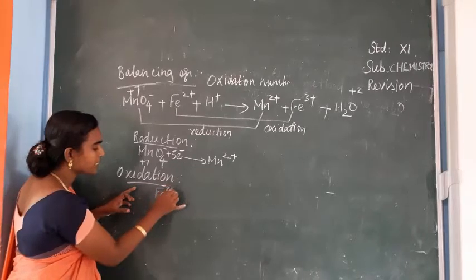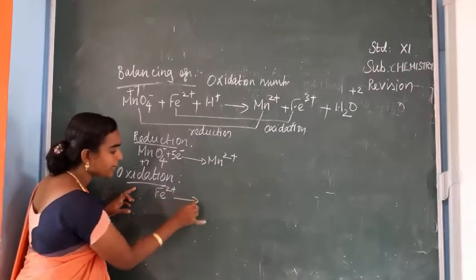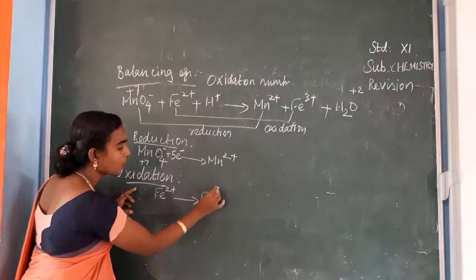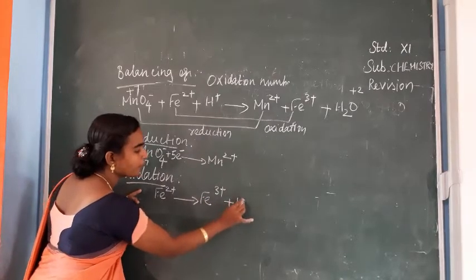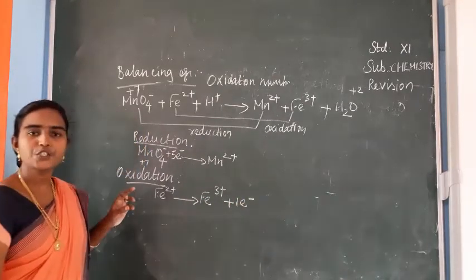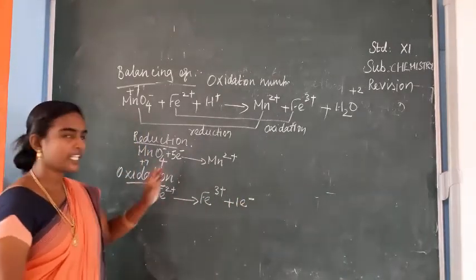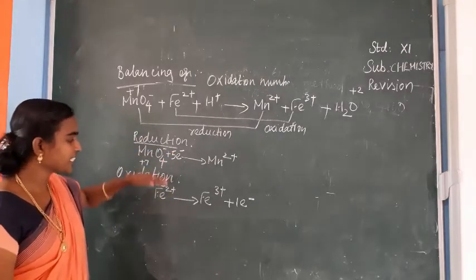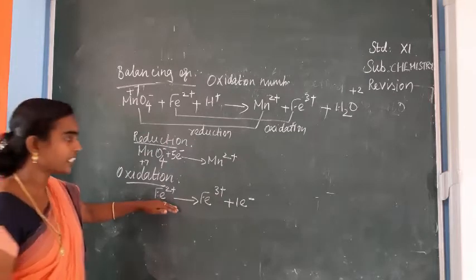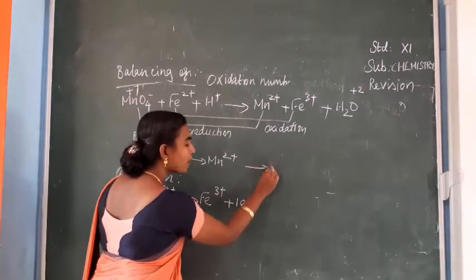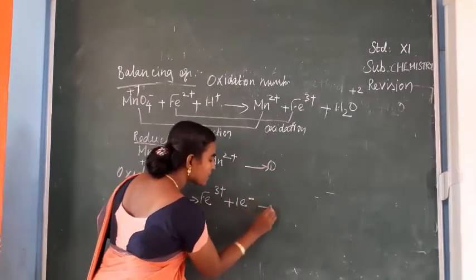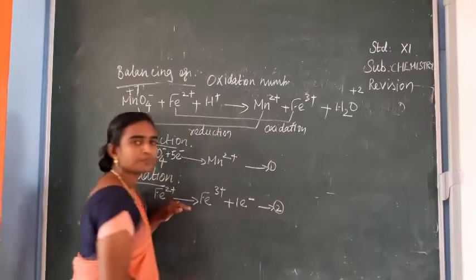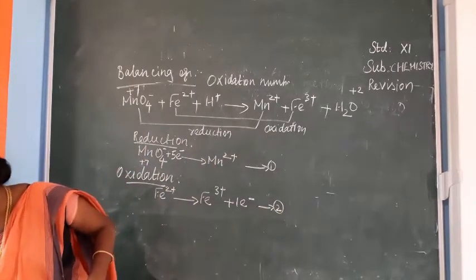Fe2 plus, by the removal, otherwise by losing 1 electron, has converted into Fe3 plus, the oxidation reaction. So two equations, the reduction reaction and the oxidation reaction, we have written, isn't it? So this we can mark as equation 1 and this we can mark as equation 2. Is it clear?